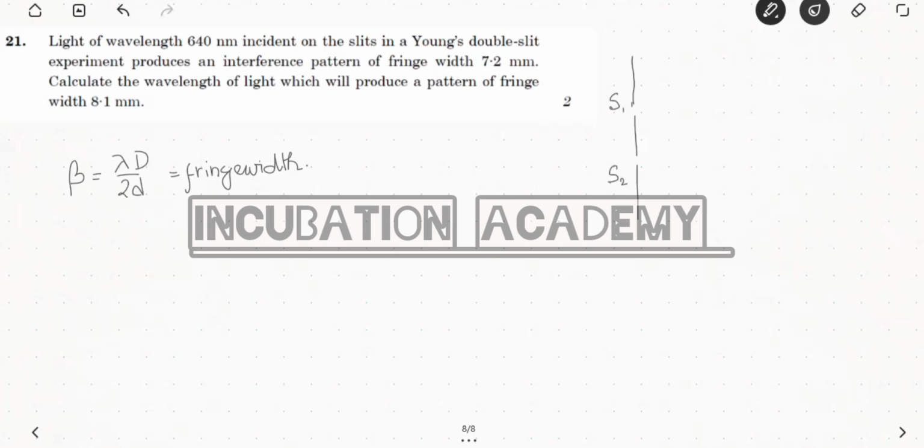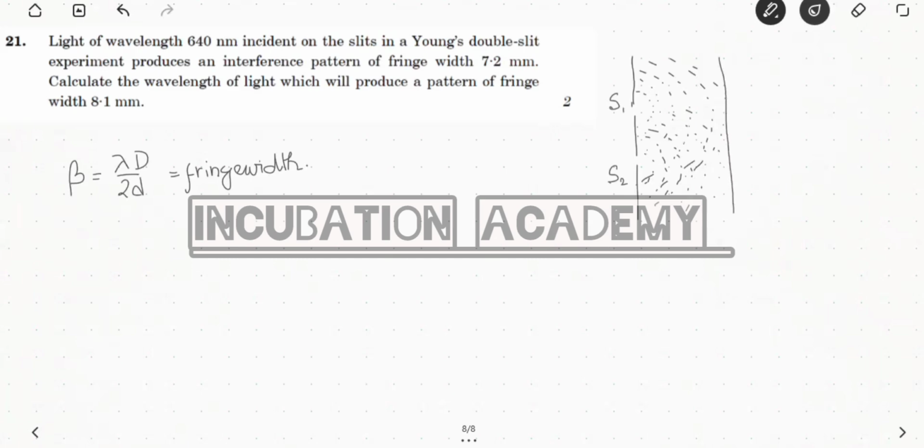These two waves interfere, and constructive and destructive interference will occur. On the screen you will see the central fringe is bright, and after that a dark fringe on both sides, again bright, again dark, again bright, again dark. You will get equispaced fringes.